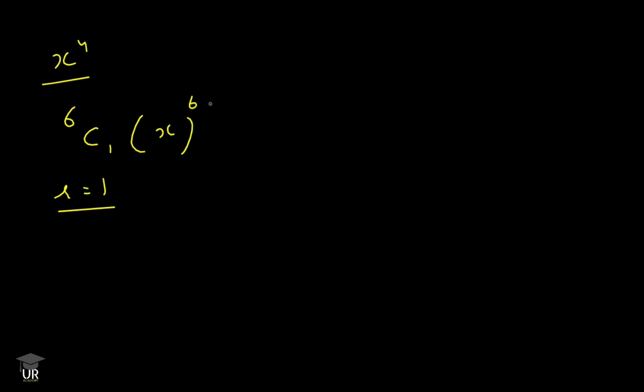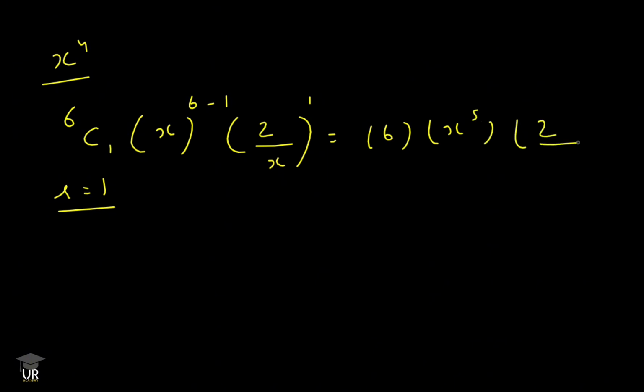So this will be x to the power 6 minus 1, and here we will write 2 upon x, that will be just to the power 1. So 6c1 is 6, x to the power 6 minus 1 is x to the power 5, and this will be 2 upon x.